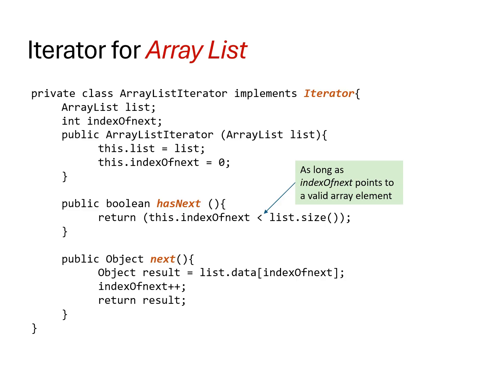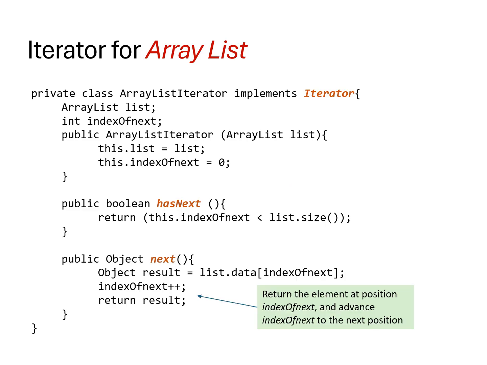It points to a valid array element. And if hasNext returned true, then we can request the element at the position indexOfNext, and we will return this element when somebody calls next.